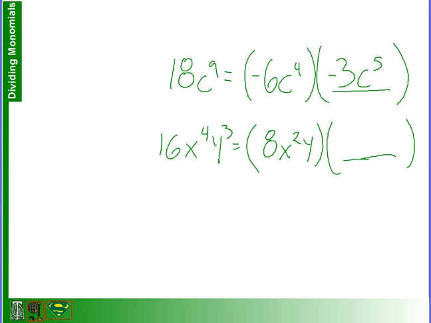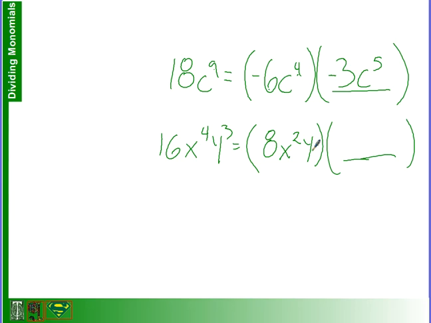All right, so in this problem, you divided 18c to the 9th by negative 6c to the 4th, and you got negative 3c to the 5th. Okay. What did you get when you divided 16x to the 4th y to the 3rd by 8x squared y?